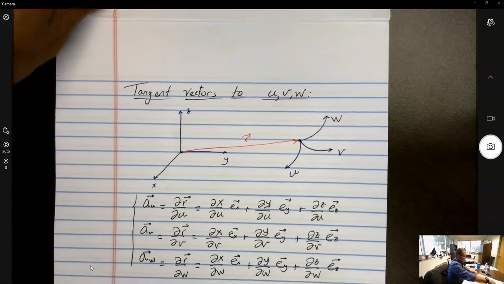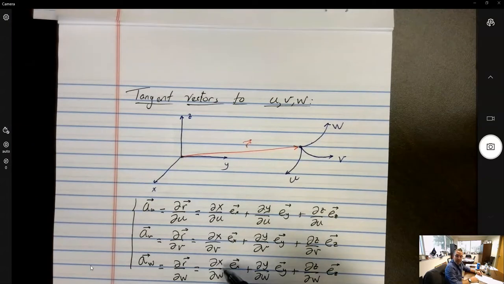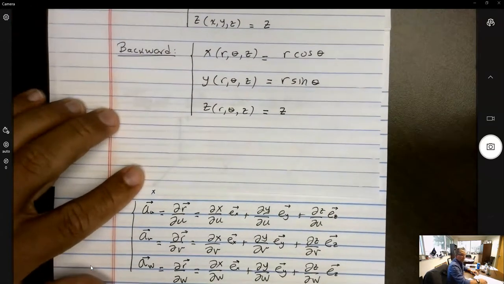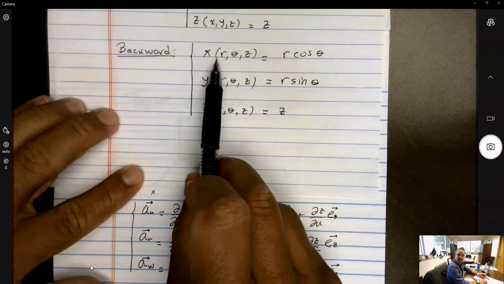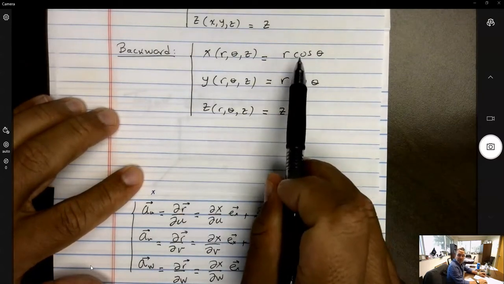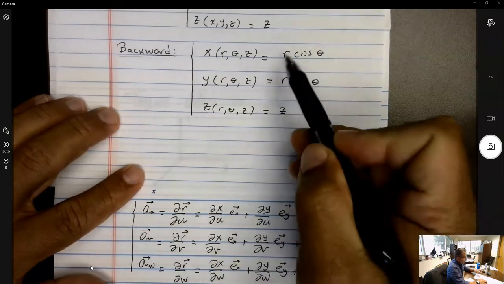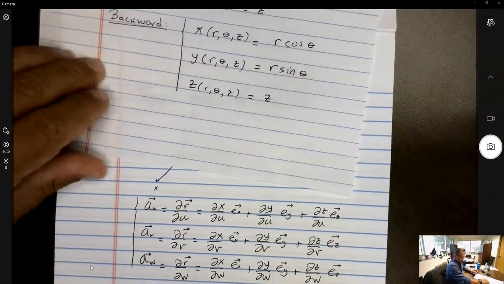Right? So given the backward transformation, we can find the coordinates of each one of these. The backward transformation is the algebraic relationship that exists between u, v, and w to give you back x. So therefore you can technically differentiate x with respect to u, v, and w, or r, theta, and z in this case.